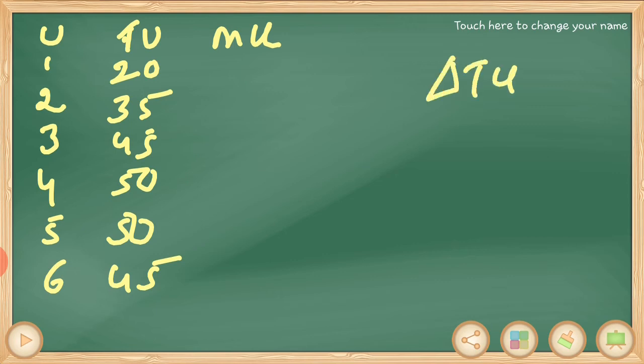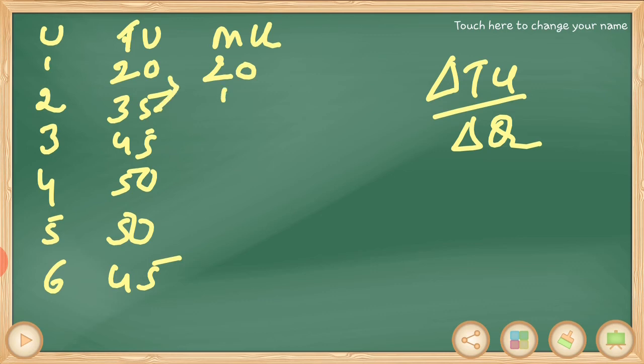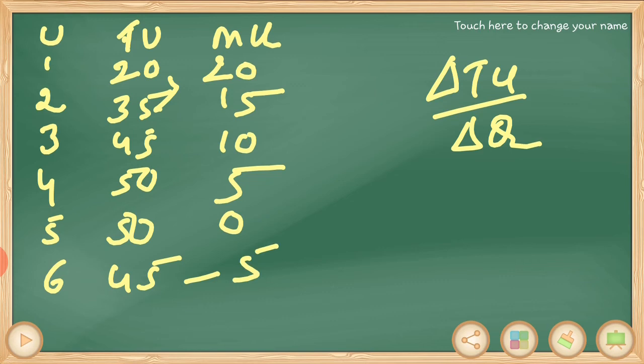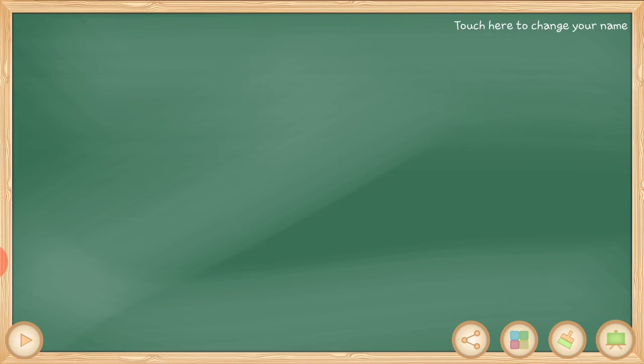Change in TU by change in Q. The first remains the same. What is the change here? 15 by 1, 15. Then 10 by 1, 10. Then 5. No difference, 0. And this is minus 5. Change in total utility by change in Q. MU is calculated.